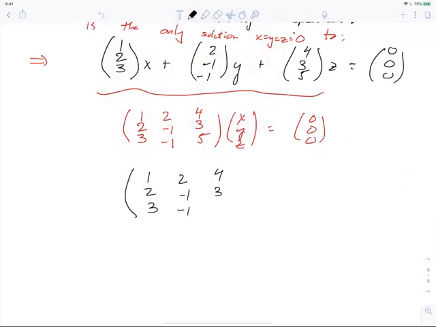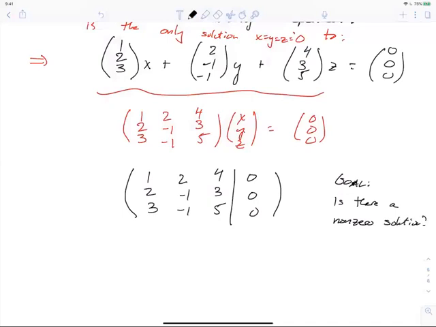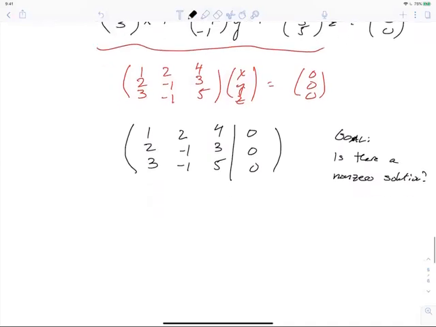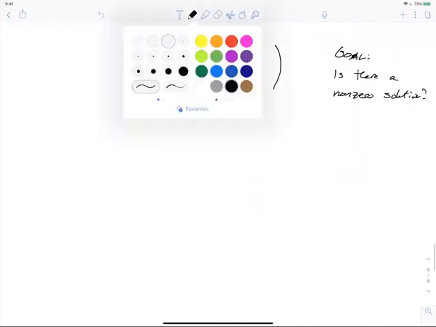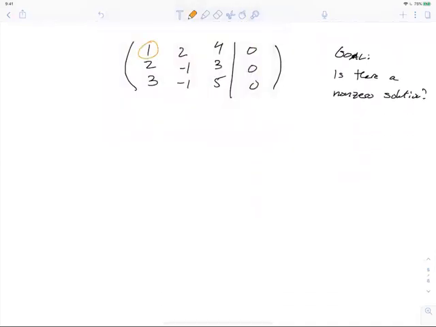So we're just checking. We're going to solve this matrix, but keep in mind, our goal is: is there a non-zero solution? That's why we're doing this. So we have our pivot, but we're missing this one right here as well as this one.